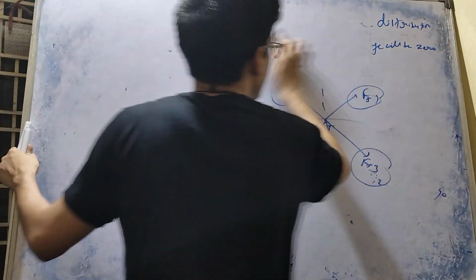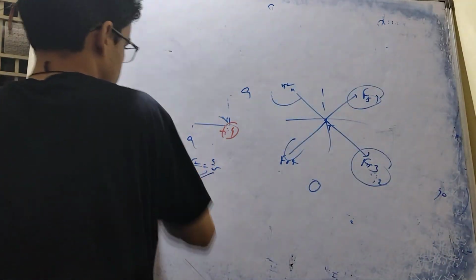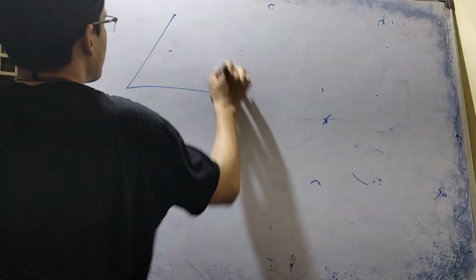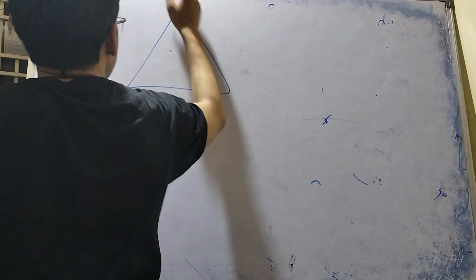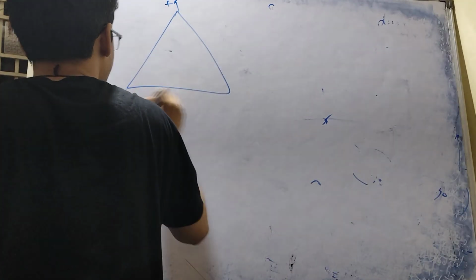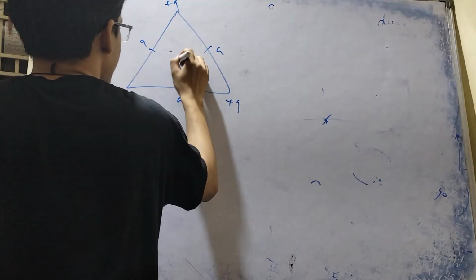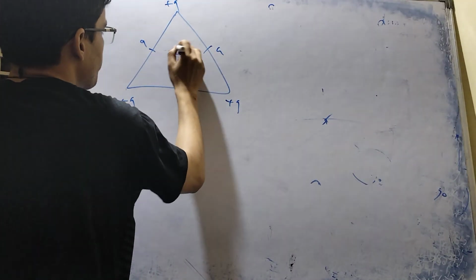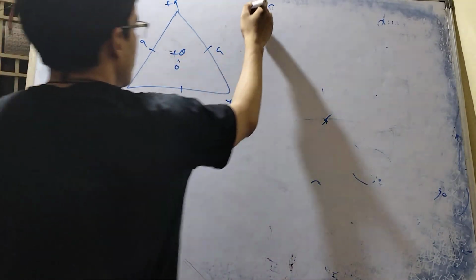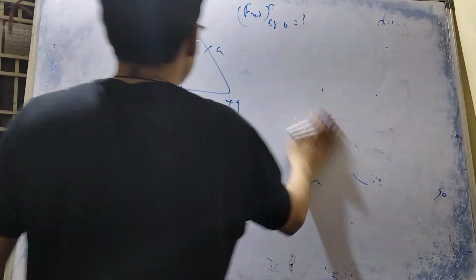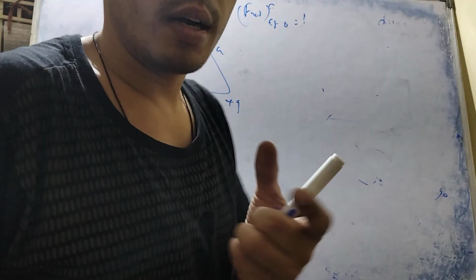And in case of a triangle also you can solve. At the centroid, plus Q charge is present. So find the net force at O. Here also you can solve, assuming the same thing.